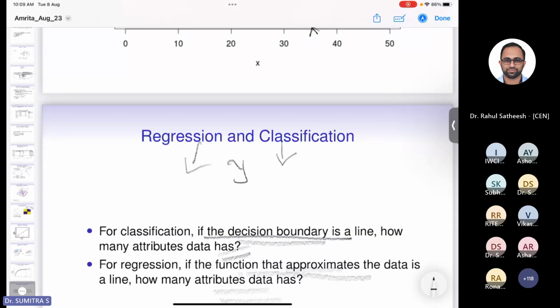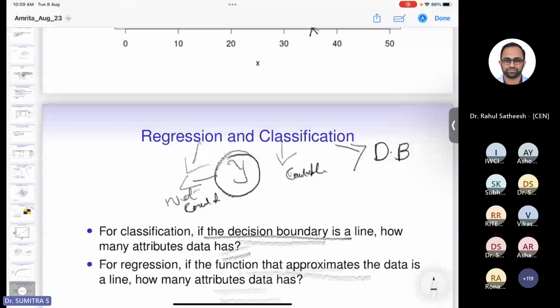Depending upon the y: in this case it is not countable, and in this case it is countable. In classification we are finding a decision boundary that gives the separation. In regression we find a function which passes through the given data.